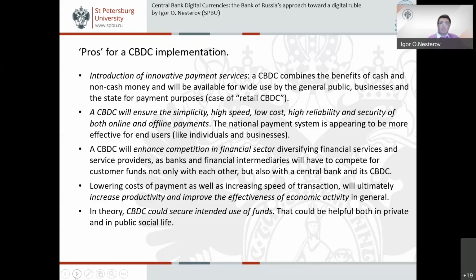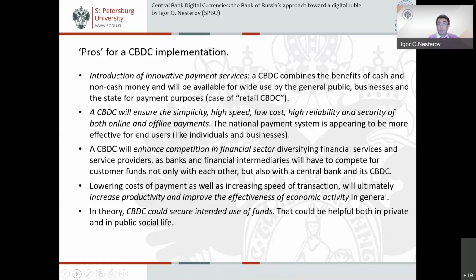CBDC will ensure the simplicity, high speed, and low cost, as well as high reliability and security of both online and offline payments. That means that the national payment system is going to be more effective for end users, again, individuals and businesses. And moreover, CBDC will improve the accessibility of payment services and digital financial instruments for the general public.